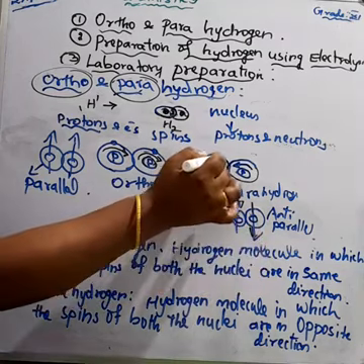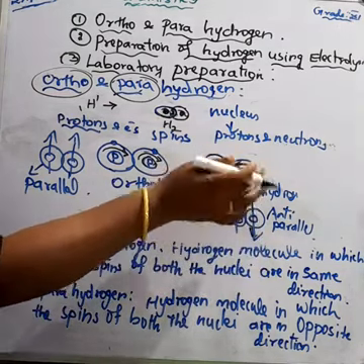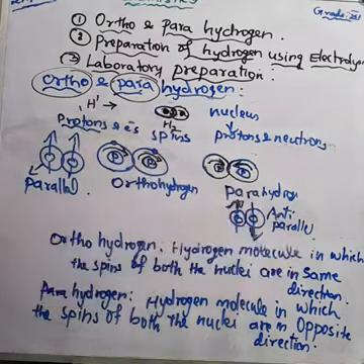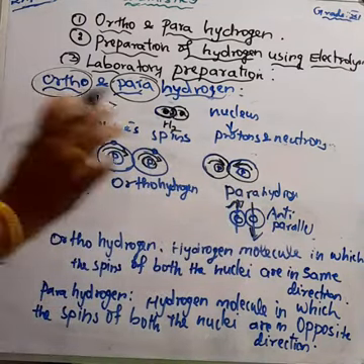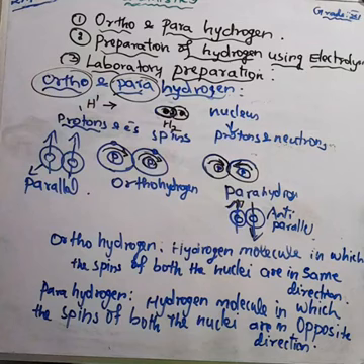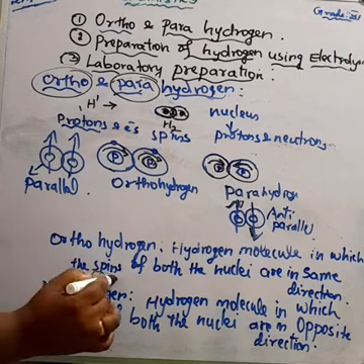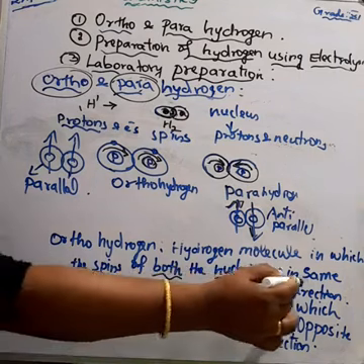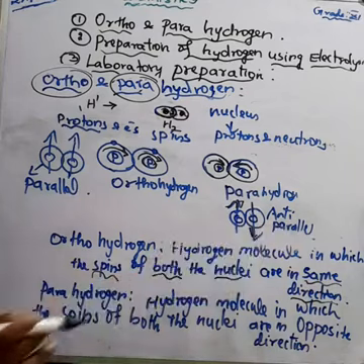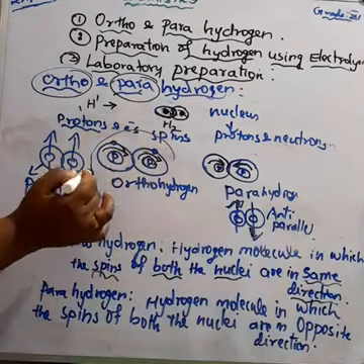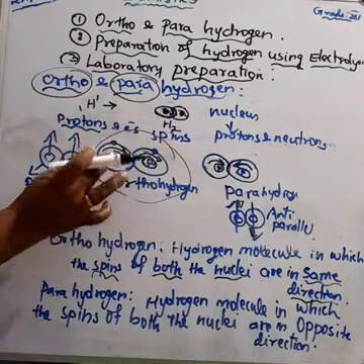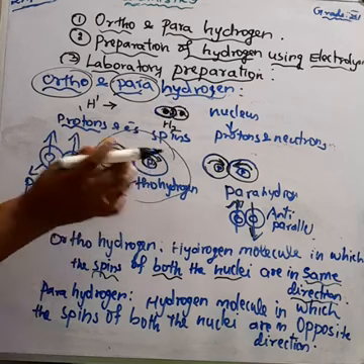This is anti-parallel. Opposite direction means this is parahydrogen. Okay, so what do you mean by orthohydrogen? Orthohydrogen means a hydrogen molecule in which the spins of both the nuclei are in the same direction.